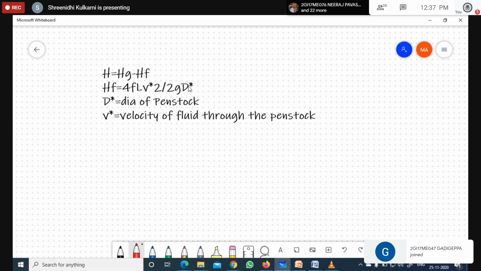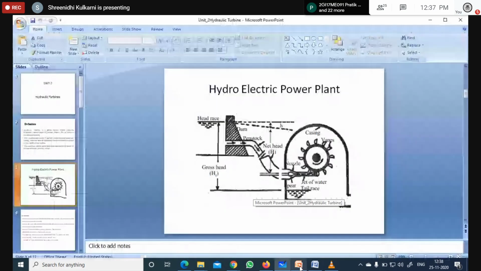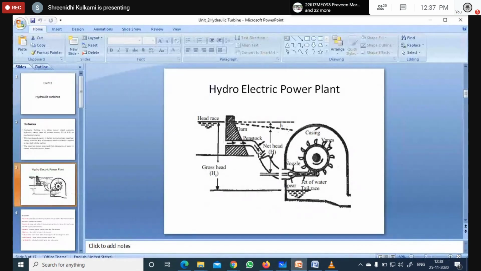Whether it is the jet diameter or the diameter of the penstock. So head loss due to friction is given by 4FLV star square by 2g into D star, where D star is the diameter of the penstock and V star is the velocity of fluid through the penstock.